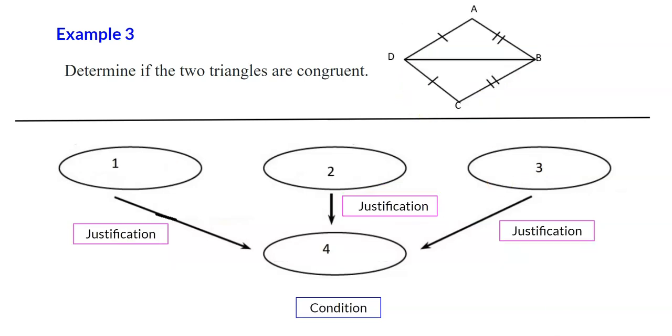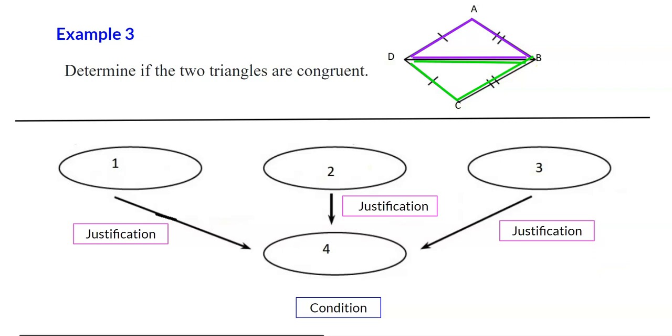Our last example, example 3, says determine if two triangles are congruent. Again, we can see there are two triangles involved here. The purple and the green should be on top of each other, since they share the same leg, but we're just trying to show you that there are two triangles involved.